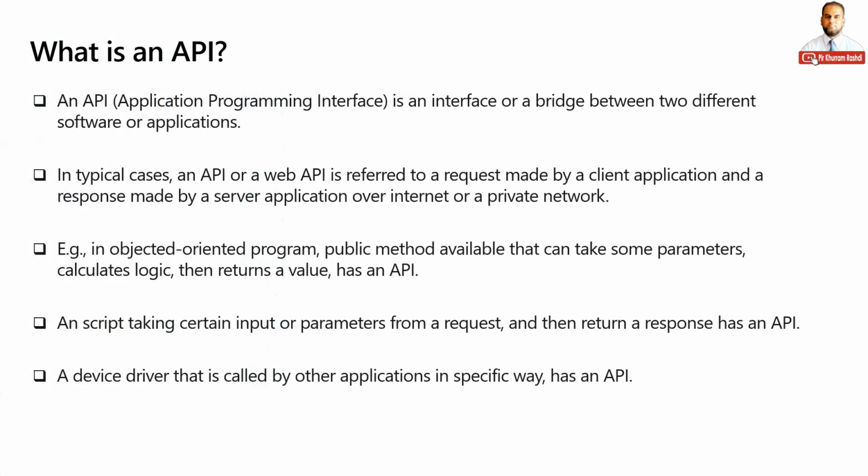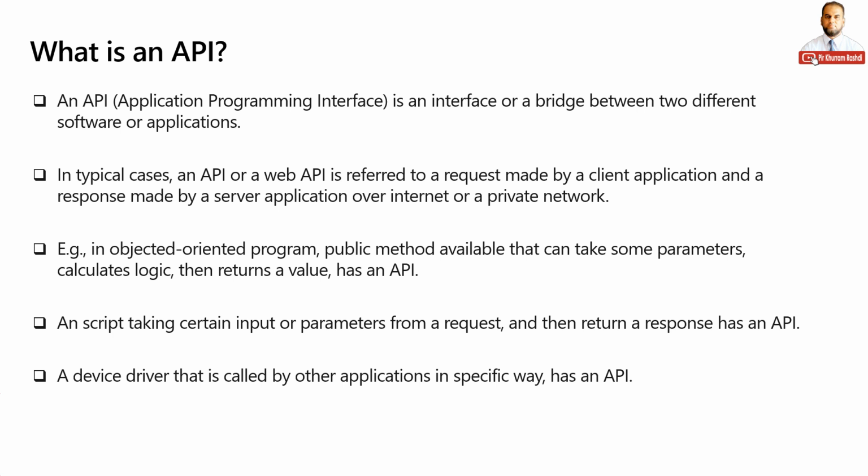So to explain what an API is, if I can explain in one word, it is an interface. And when you talk about an interface, it is a bridge, or a common thing, or a mediator which talks between two different systems.